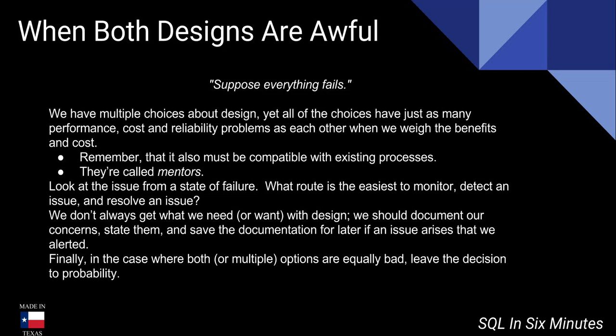That's why reliability, building something that's reliable, is going to cost a lot of money. Reliability and cost are pretty much inverse functions of each other. Finally, there are those cases where, let's say option A and option B, they're both equally bad or equally good, depending on how you want to look at it, okay? And one of the funniest stories a colleague of mine was sharing, he was in an environment and he said this company spent 3 years debating how to proceed between two options.